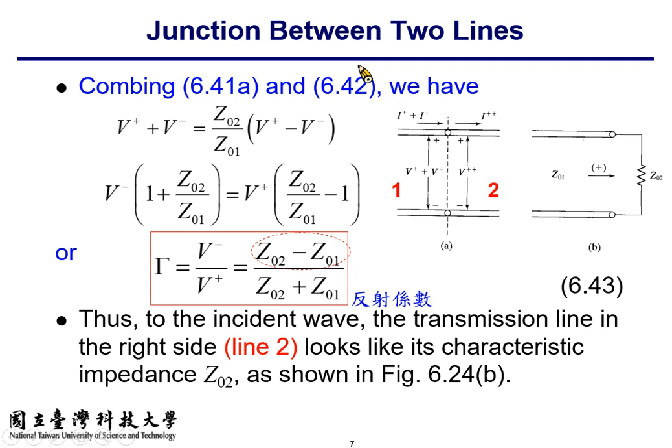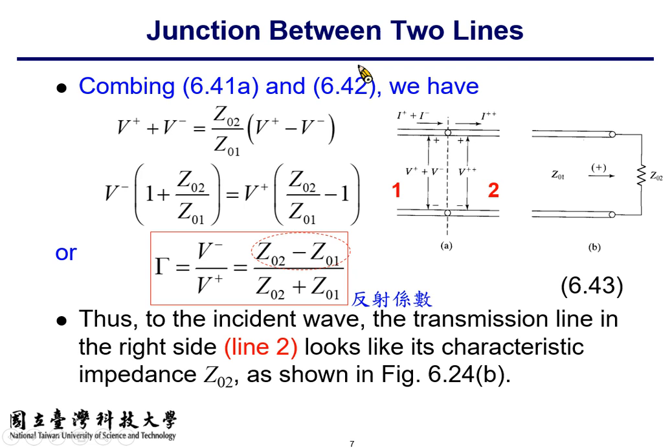I remember last week I stressed the importance of this equation to you. So again, what is the formulation for the reflection coefficient? The characteristic impedance of the next section, minus the characteristic impedance of the incident signal section.